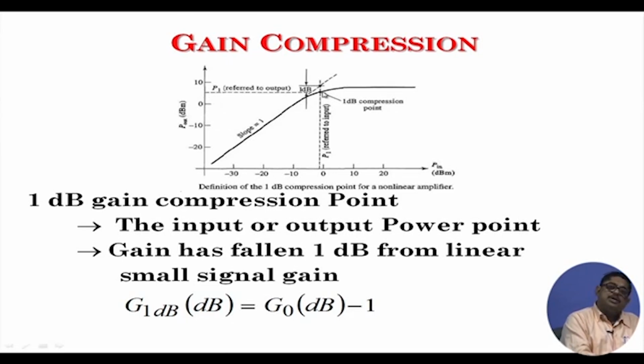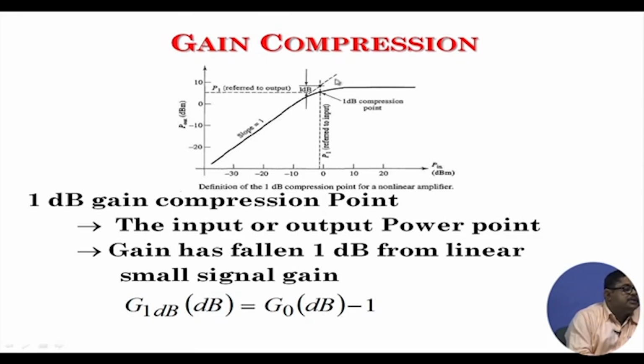Now, what is the definition of this point? Because this point needs to be precisely defined to say that okay, I have already entered the nonlinear region. This is the point where the gain has fallen 1 dB from the linear small signal gain. You see, I was having some gain here, because P out by P in was my power gain.